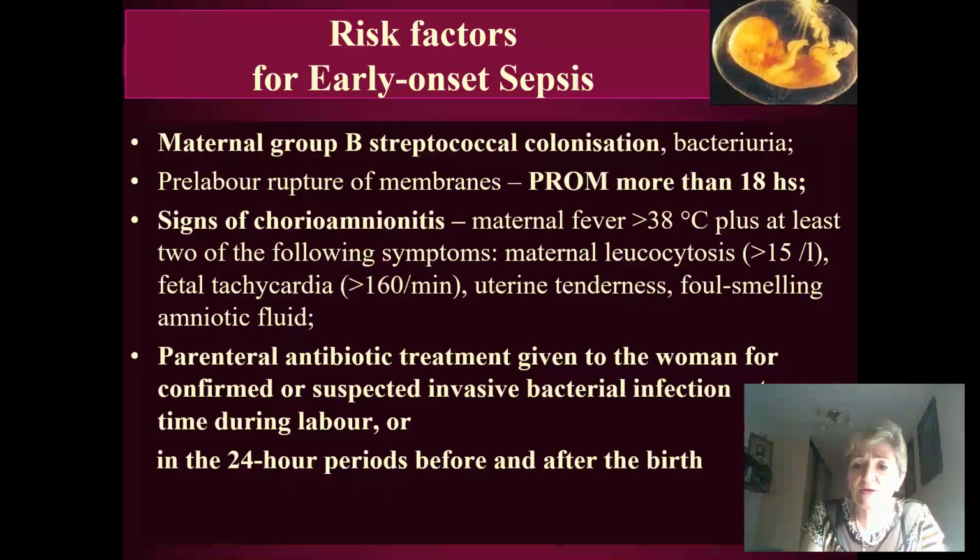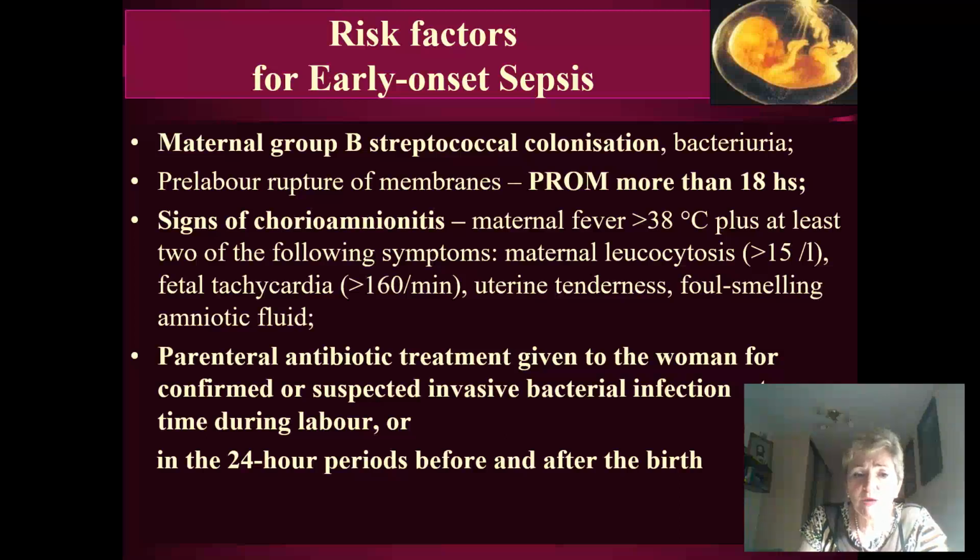All the main risk factors of early onset sepsis: maternal group B streptococcal infection, colonization, bacteriuria, prelabor rupture of membranes more than 18 hours, signs of chorioamnionitis, which you can reveal in the mother in the antenatal period before delivery: high fever, more than 38, plus maternal leukocytosis more than 15,000, fetal tachycardia more than 160 per minute, uterine tenderness, and foul smelling amniotic fluid.